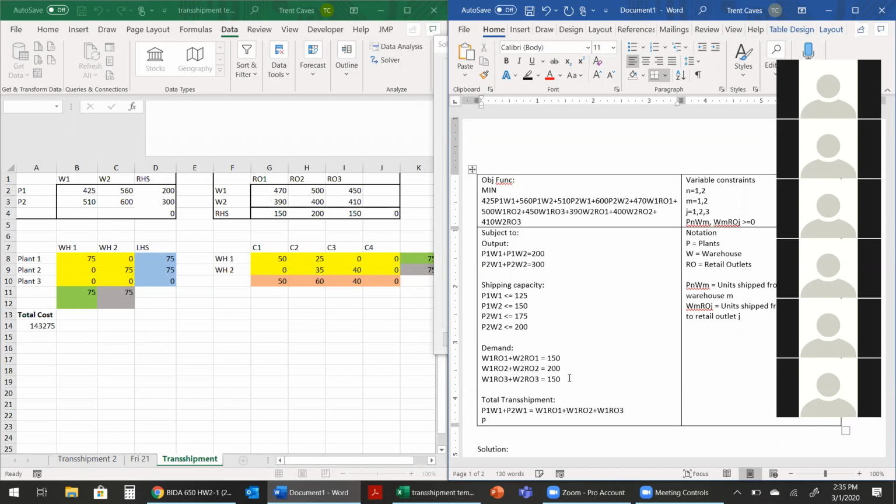And the same for warehouse 2. Because our transshipment hubs can't retain any product.